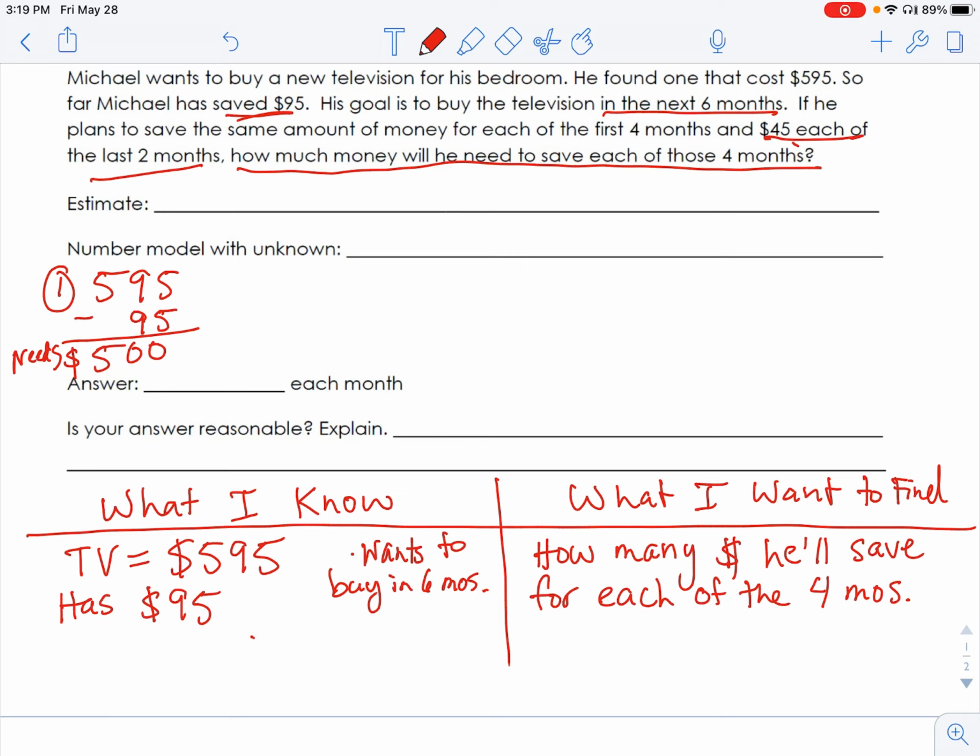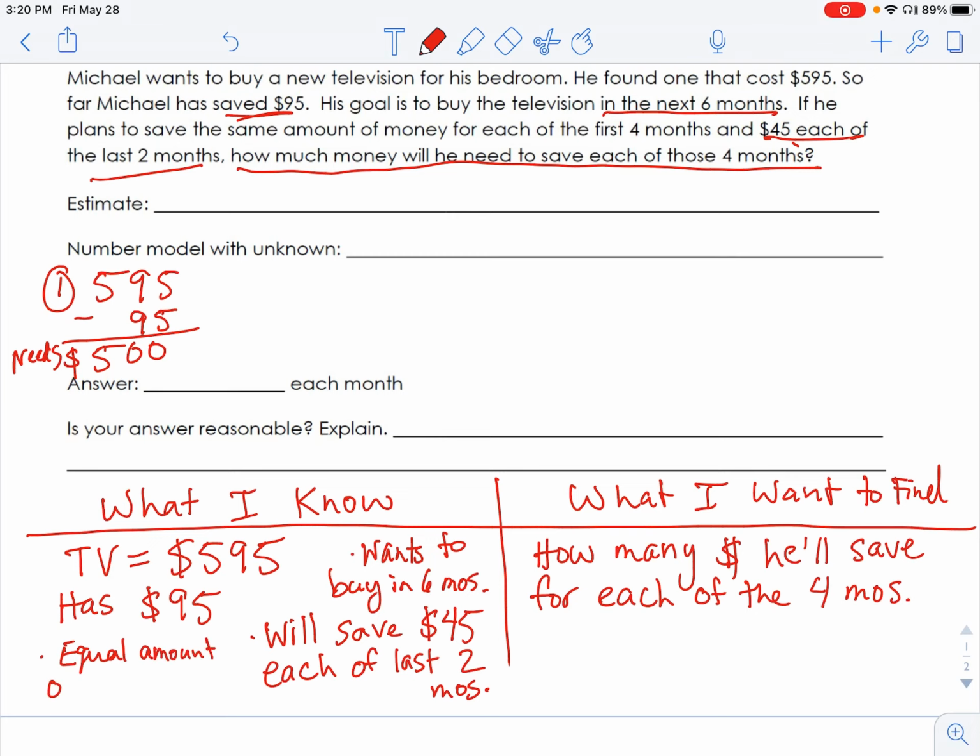He'll save $45 each of the last 2 months. And then he's going to get an equal amount, or the same amount, over the first 4 months. Whew, okay, we've dissected this problem.